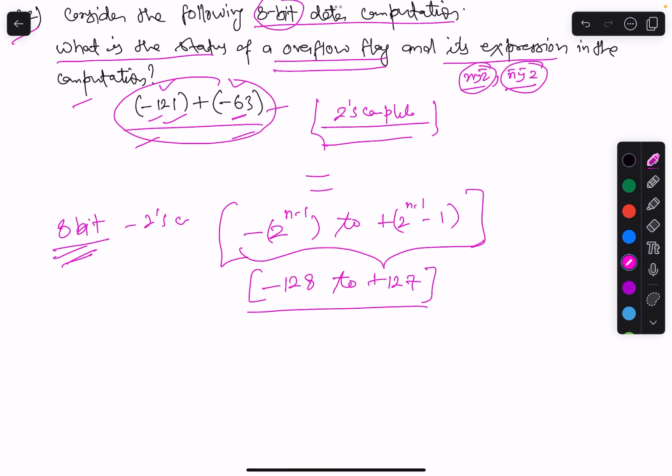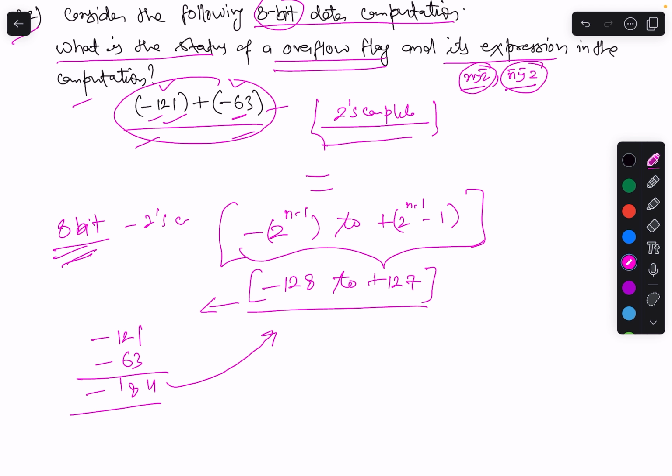Now we take these numbers, minus 121 and minus 63, and add them. So we will get minus 184. Clearly we cannot have minus 184 in this range. So we have an overflow, a negative overflow. So overflow is equal to 1 because this number is less than minus 128.